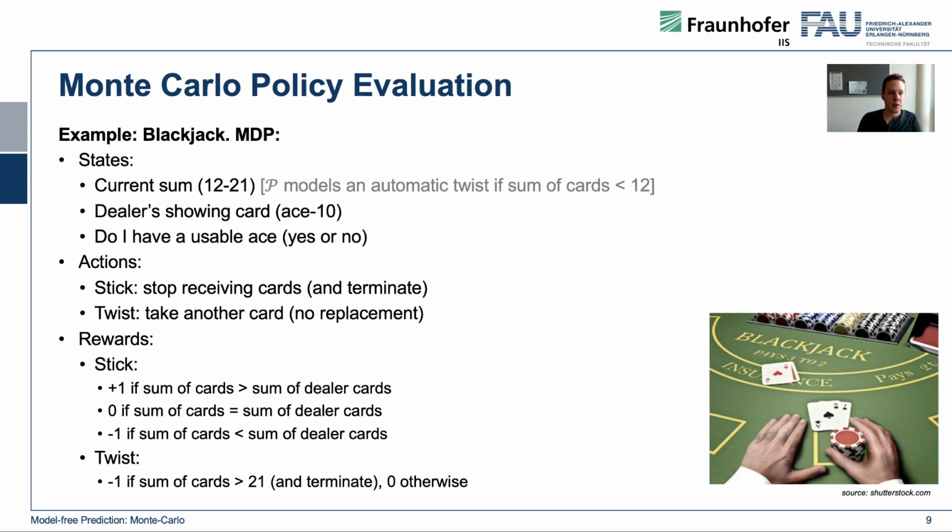If we twist, we get a reward of -1 if the sum of cards is larger than 21, so the episode terminates, and 0 otherwise. This ensures that there is no point in time where we have a value larger than 21 and the episode didn't terminate. In other words, if our cards exceed 21, we go bust, and then it's the dealer's turn. If we stick, it's the dealer's turn, and if the dealer goes bust, we win.